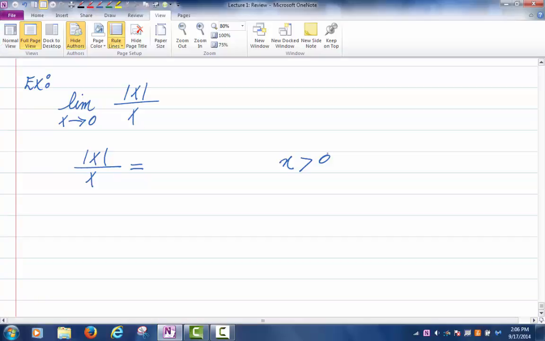When x is positive, what is absolute value of x? If x is already positive, it is just x, and then the ratio becomes 1. I think it's hard to see, maybe I should turn on one of the lights.